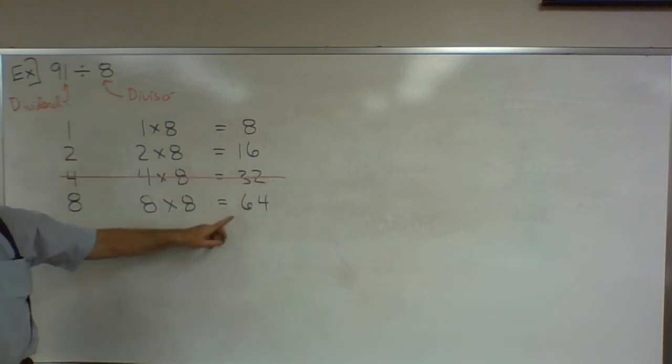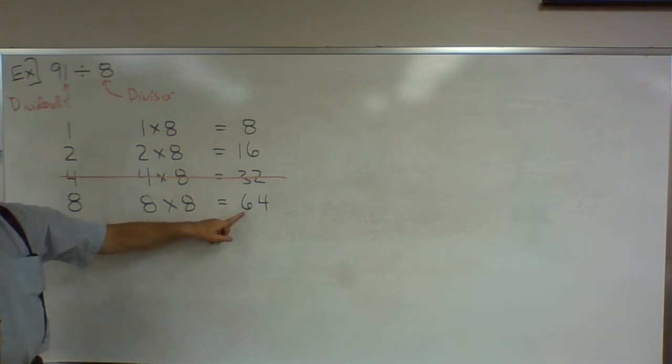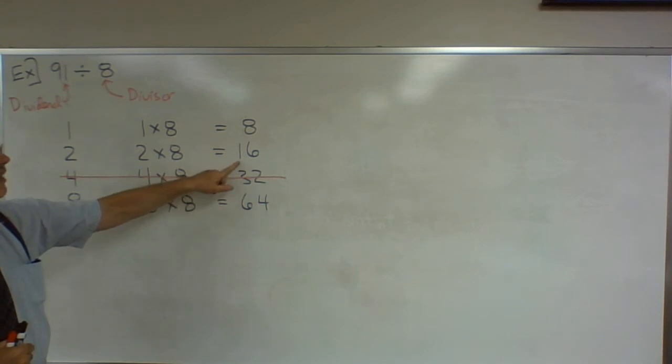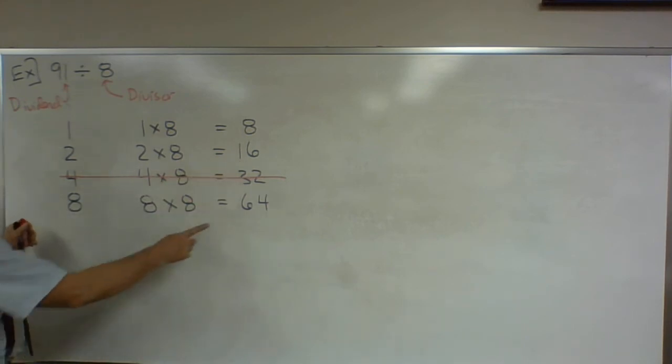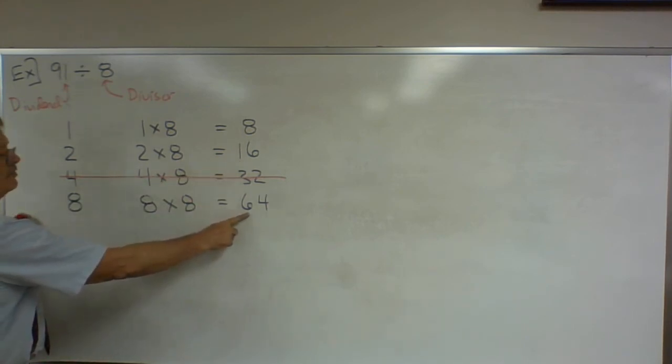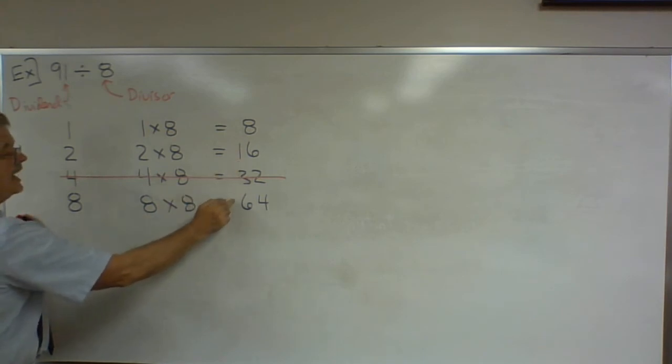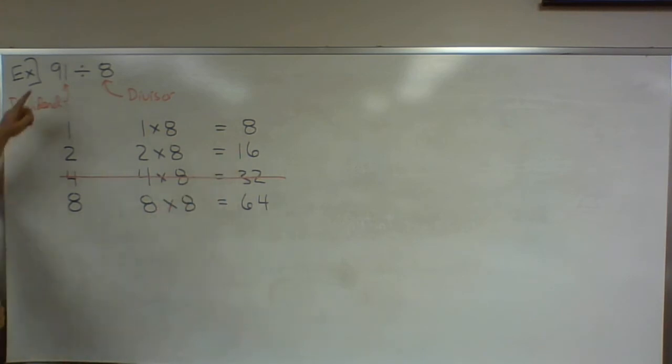Let's try our largest power of 2 times divisor, and add the next largest, 16. Add them together, we get 80. Okay, good. It's not larger than the dividend.